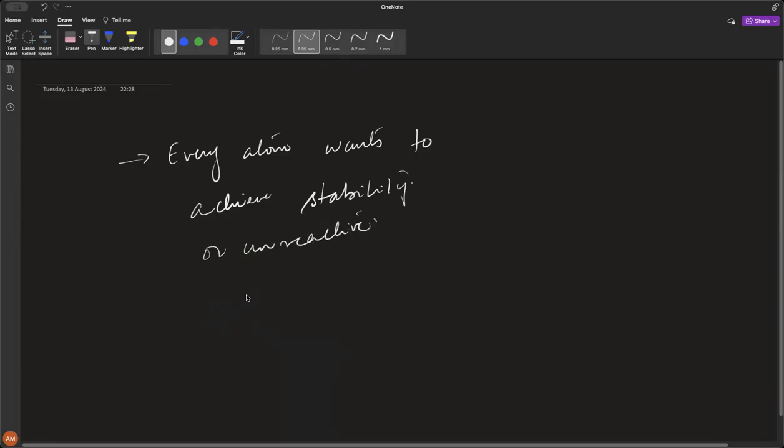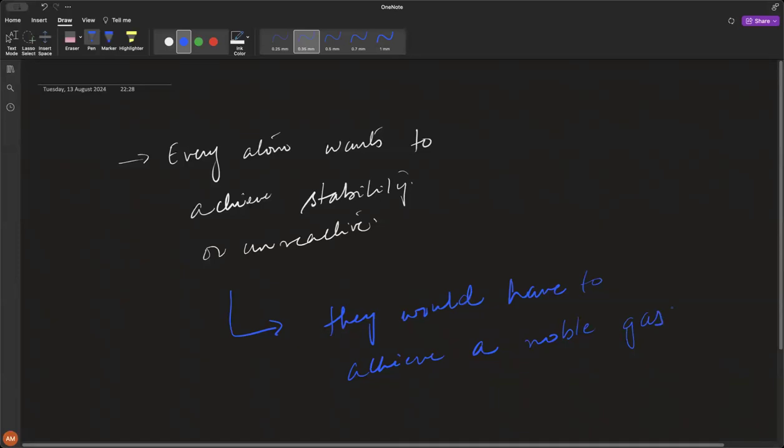In order to do so, they would have to achieve a noble gas.